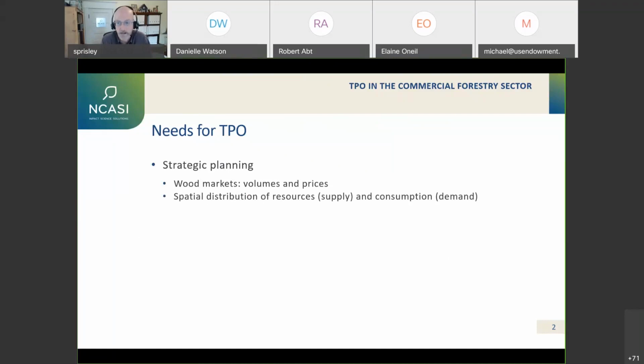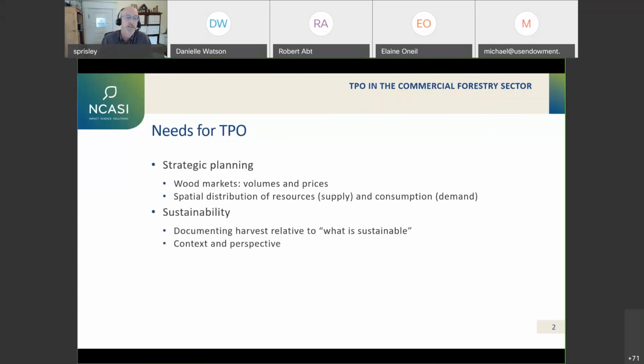They need to track and anticipate wood markets, including volumes and prices. And the spatial distribution of those resources, or the supply, and the distribution of consumption or demand is critical as well, because of the key role that transportation costs play in these markets. So strategic planning is a specific need.